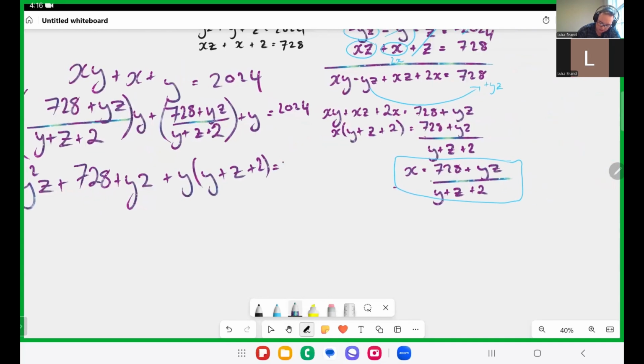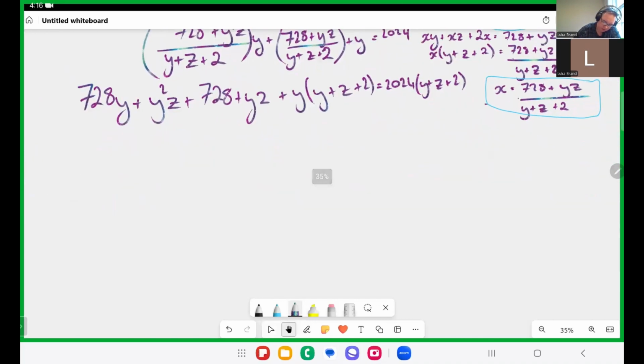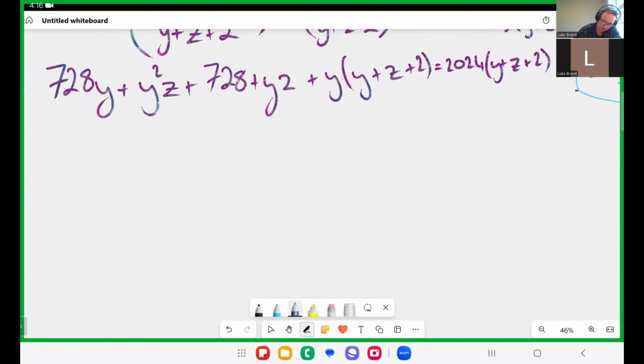And 2024, I need to multiply by y plus z plus 2. This is what I meant by it being really wide. Before I simplify this, I'm going to rewrite the terms where I'm multiplying these two out. The first time I did this, I simplified at the same time, and that was my downfall. Biggest mistake.